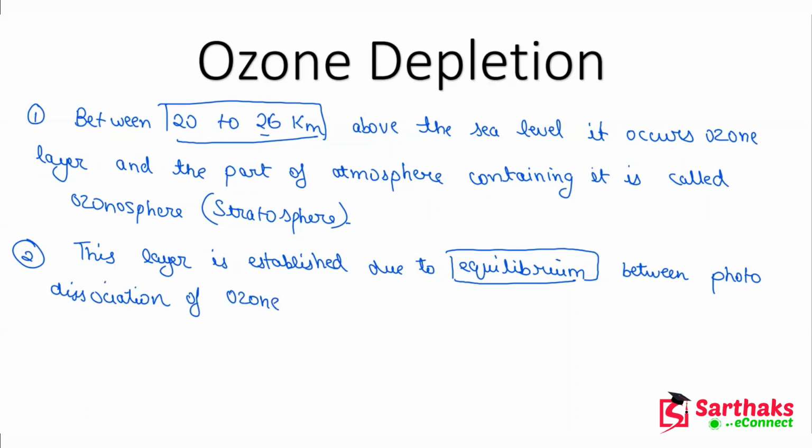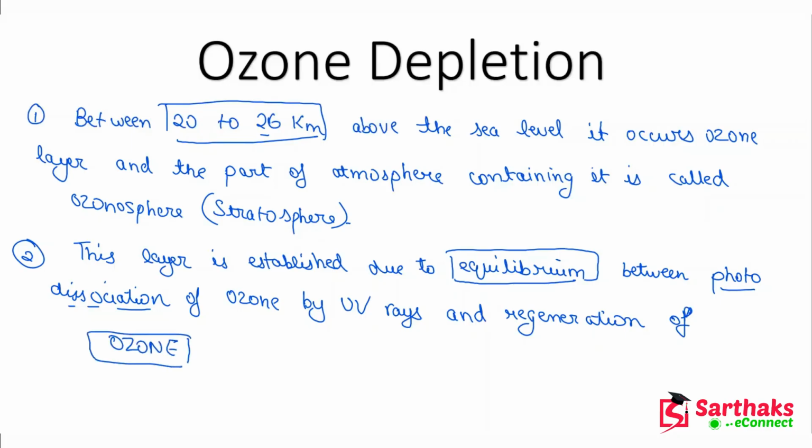The ozone layer photodissociates itself by UV rays, and regeneration of ozone happens here.